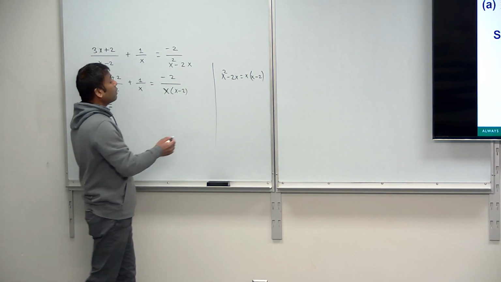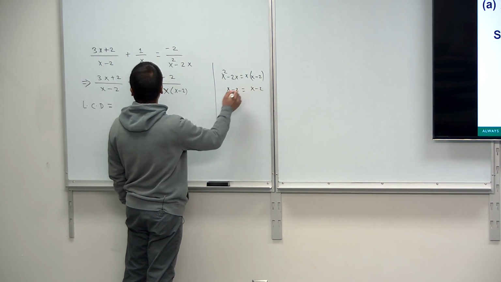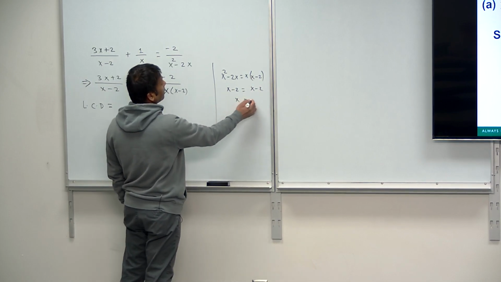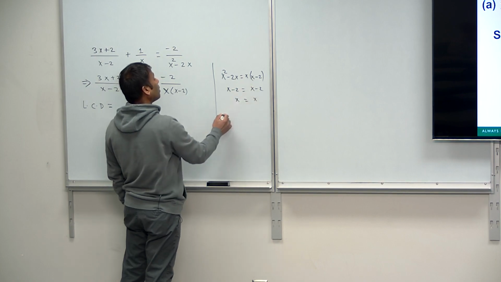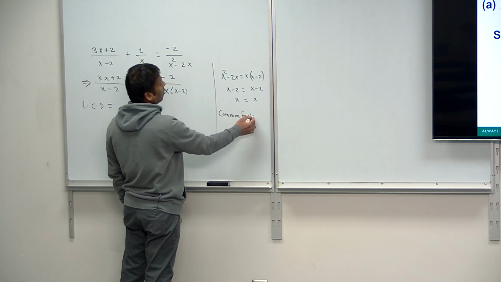Look here, the factor of x minus 2 is x minus 2, and the factor of x is x itself. So now you find out the common factors.